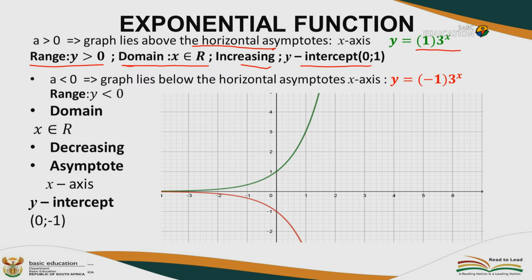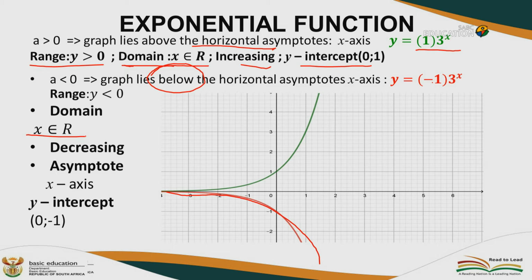Now, what happens when our a is negative? When a is negative, it lies below the horizontal asymptote. So this is the graph. The domain remains x, an element of real numbers. Now it was increasing, it becomes decreasing.